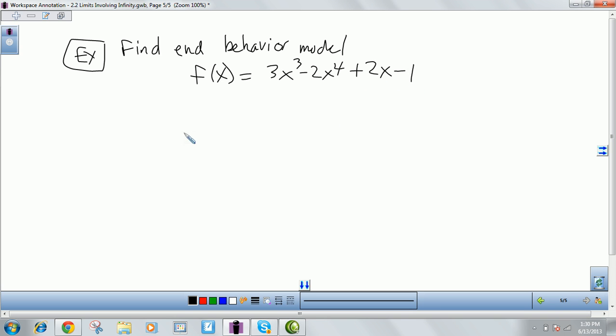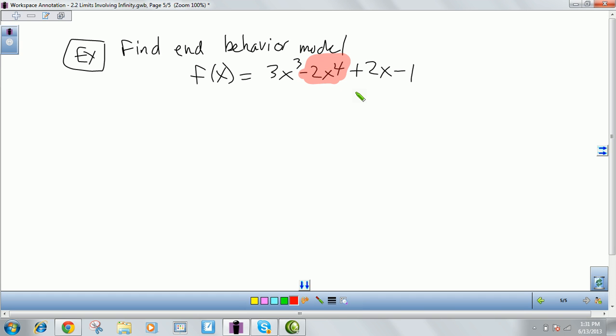Remember, the end behavior model is represented by the highest, or leading, term. If you put this in standard form, it's the leading term, and in this case it's not in standard form, but the negative 2x to the fourth has the highest degree.